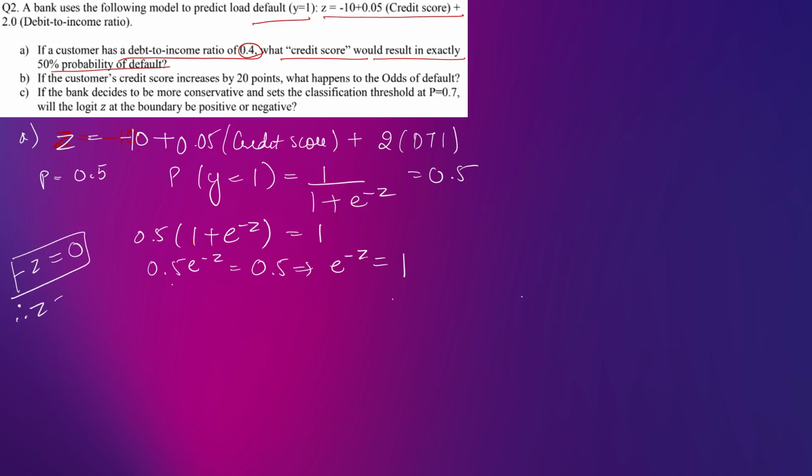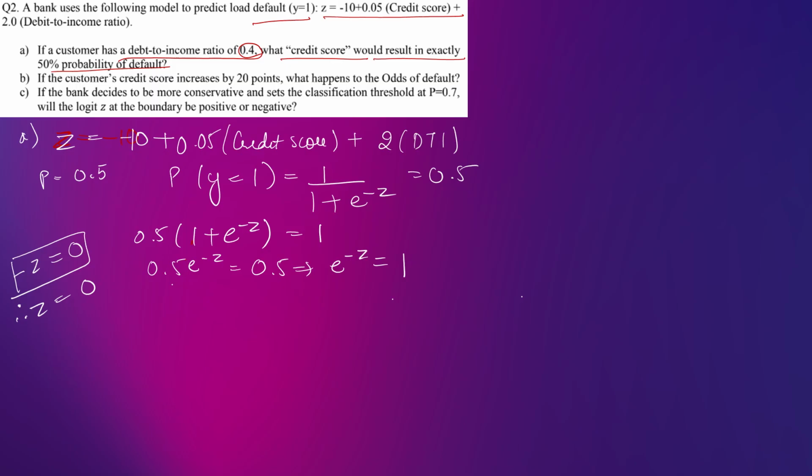So therefore 0.5 into 1 plus e to the power minus z is equal to 1. Now when we take 0.5 to the other side, we get e to the power minus z is equal to 1. Now in this case, minus z should be equal to 0. That means your z is equal to 0.